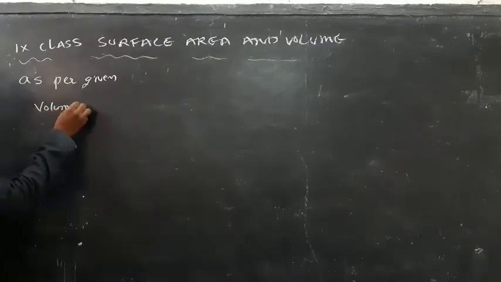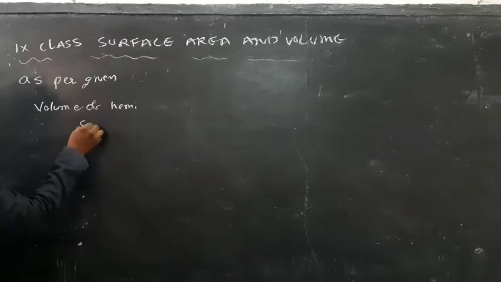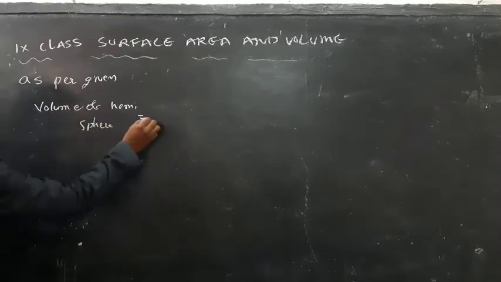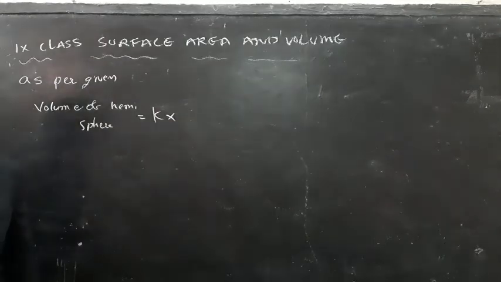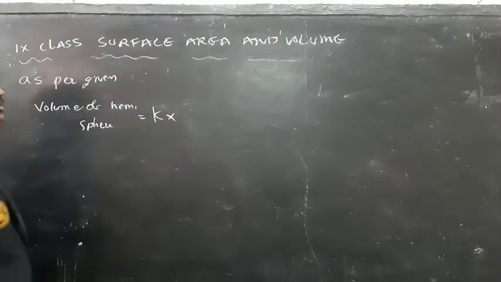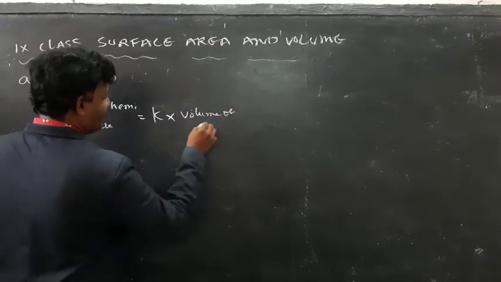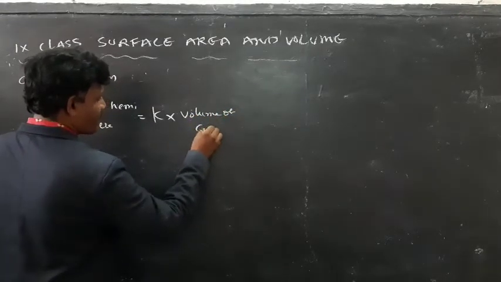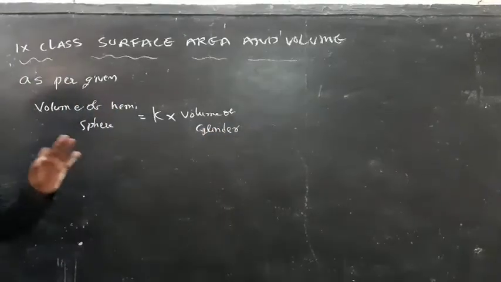Volume of hemisphere is equal to K into, why I am taking K? I don't know how many cylindrical bottles are there. So K into volume of cylinder.